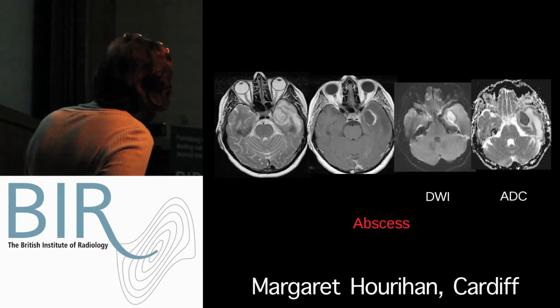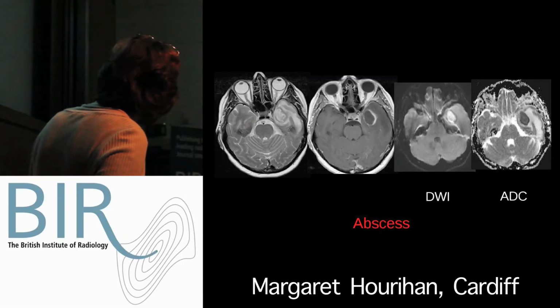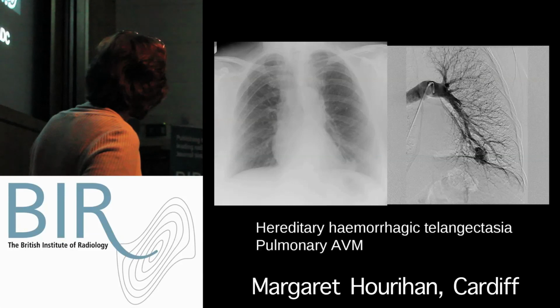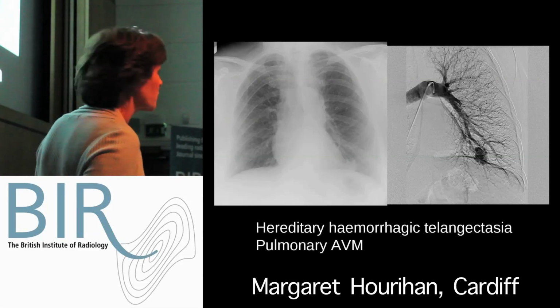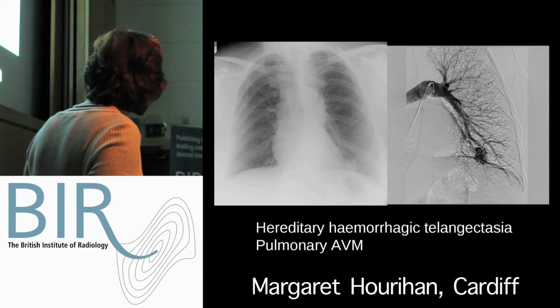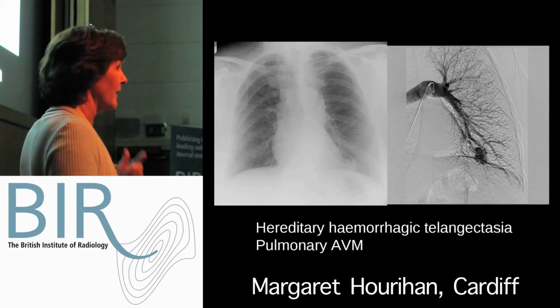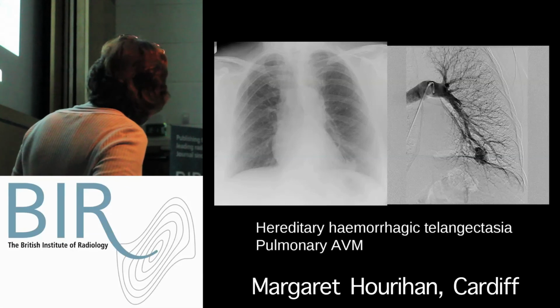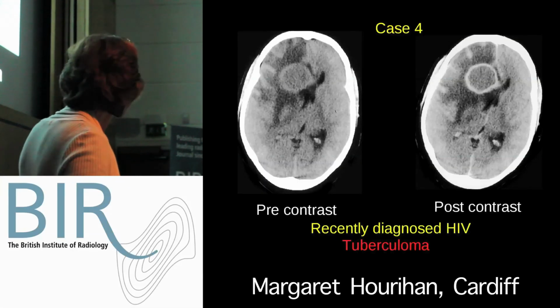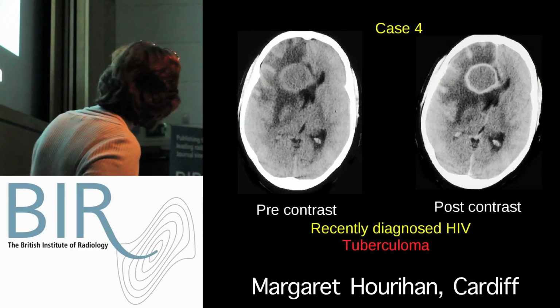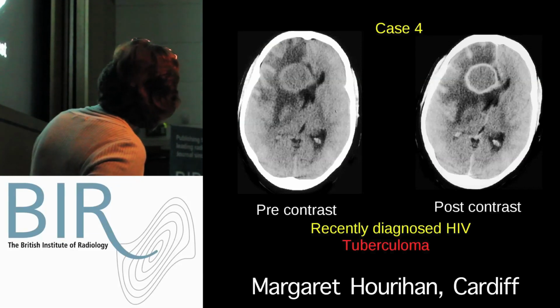This is the patient that we did do MR on. You can see the lesion ring enhancing on the T1, and the DWI and the ADC maps showed the restriction, and that was an abscess. And she went on and had a pulmonary angiogram as well, and she actually had hereditary hemorrhagic telangiectasia. How somebody didn't spot the spots, I don't know, but with a pulmonary AVM, these patients are at risk of getting multiple brain infection. Okay?